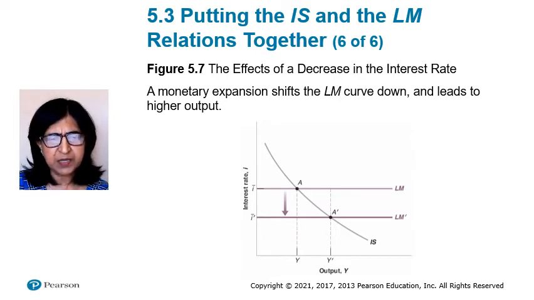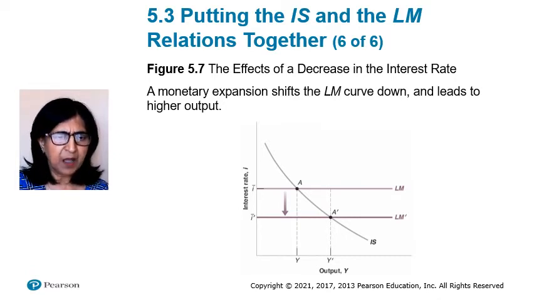Monetary policy does not affect the IS curve, only the LM curve. The economy moves down along the IS curve and the equilibrium moves from point A to point A prime. Output increases from Y to Y prime and the interest rate decreases from i to i prime.